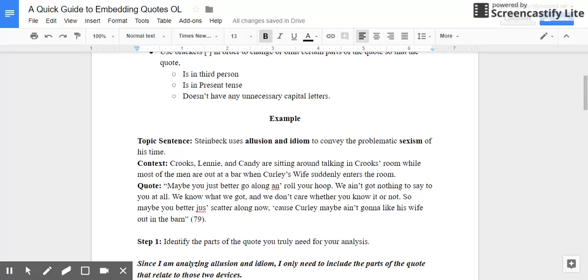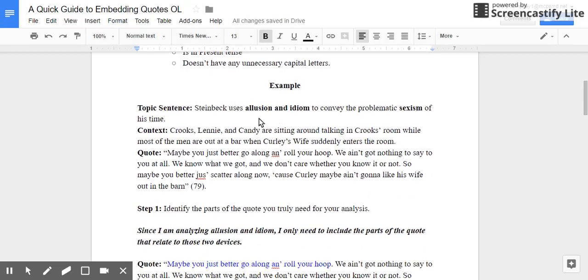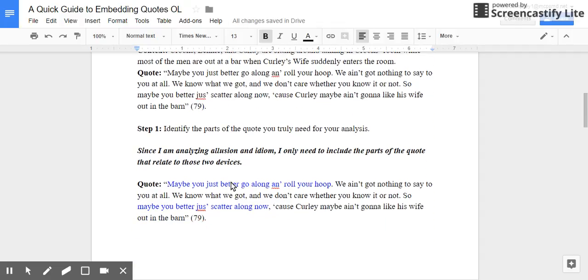Okay, so here's my example. This is the same example I used for the analysis. In this case, I have two devices. I have allusion and idiom. So the only parts of the quote I really need are the parts of the quote that have the allusion and the idiom in them.